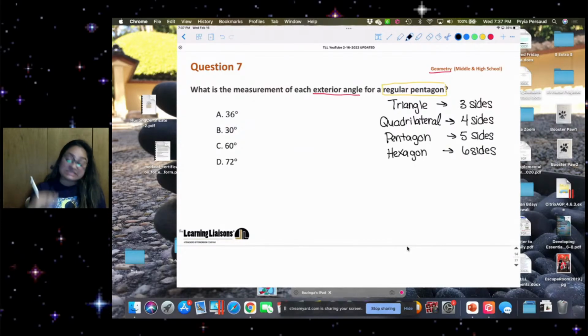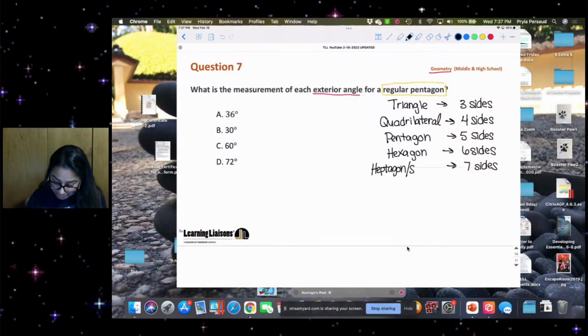Then the 7-sided shape actually has 2 names. So it either goes by a heptagon or a septagon. And the last one is an octagon, 8 sides.